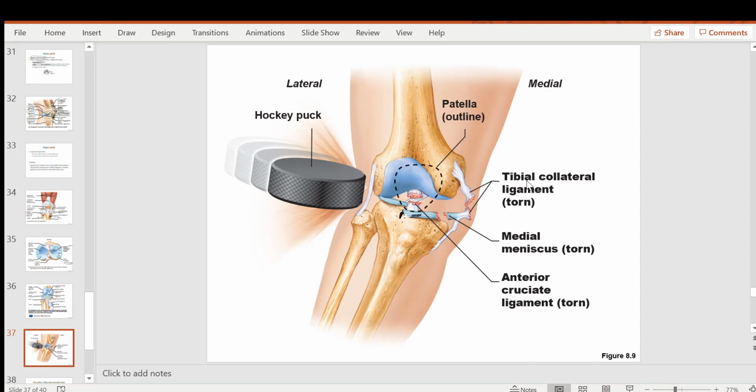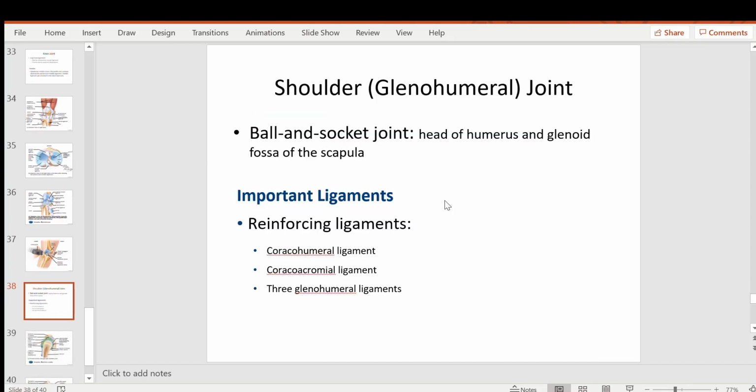This is the meniscus, and also tearing of the cruciate ligament as well as tearing of the tibial collateral ligament. Okay, so if something hits from the opposite side, the pressure increases on this side and will cause the tearing usually on the opposite side of the pressure, opposite side of that hit.